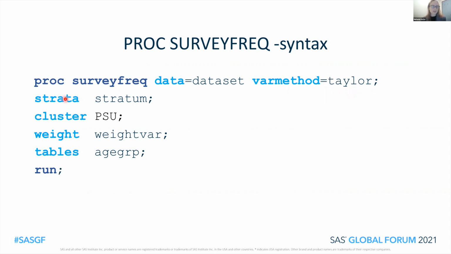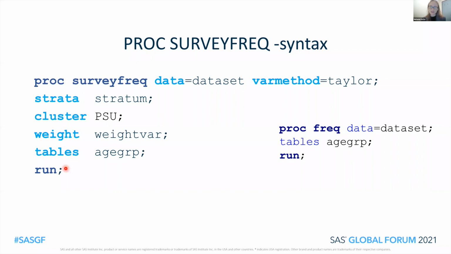And then next we have our strata, cluster, and weight statements, where we specify the variables for each of these factors. And then we have our tables statement, where we specify our categorical variable, and then finally a run statement. So here's the SAS code if we were to analyze non-survey data.